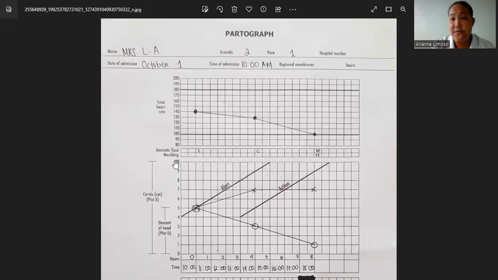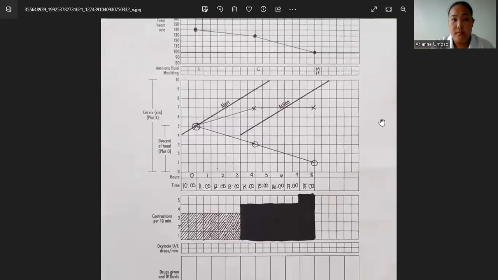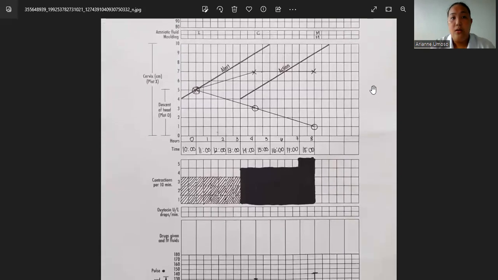Next is the cervical dilatation, which is marked with an X. Each vertical side of the rectangle shows 1 cm of dilatation, each horizontal side of the rectangle shows 30 minutes, and each square represents 1 hour. This is noted every 4 hours.